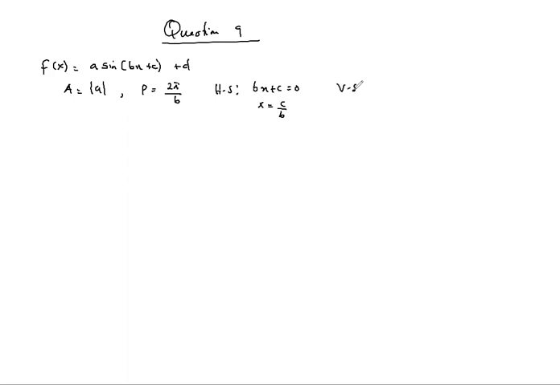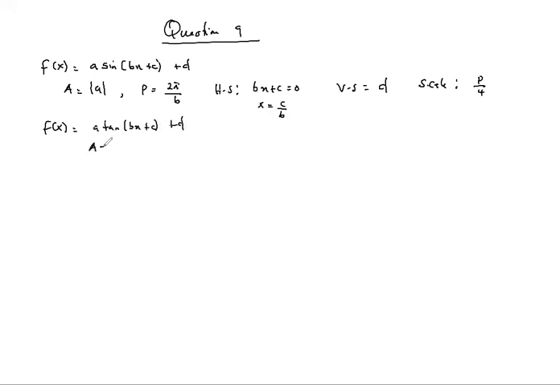The vertical shift is just d, and the scale remains the same, period over 4. This happens for sine, for sec, for cosec.